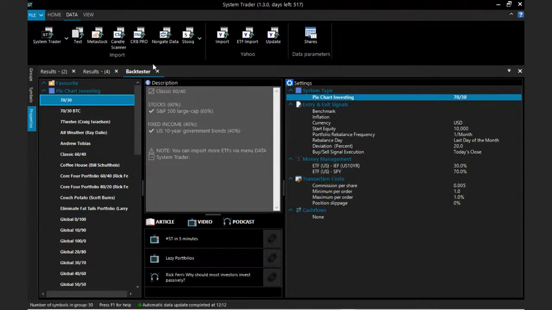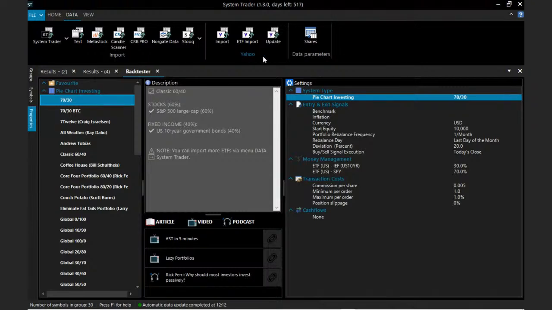But if for some reason you wouldn't find something here, which, as I said, has access to over 70 stock exchanges worldwide, you can still import the data from a text file, or you can also get access to the Norgate data, which is a great source of data for the American and Australian markets. And you can also have access to the data from Yahoo, which is free.